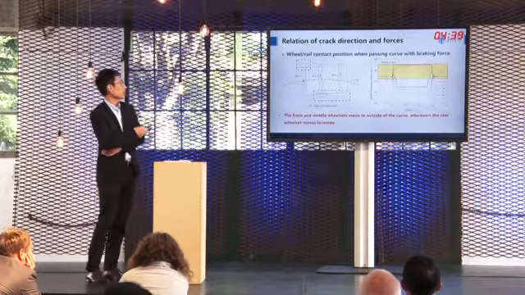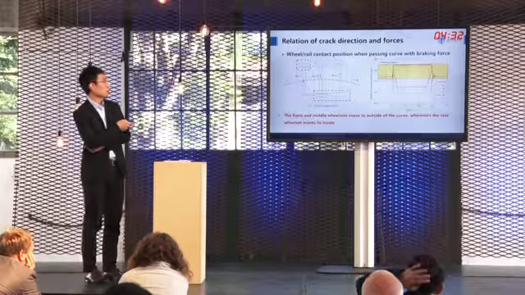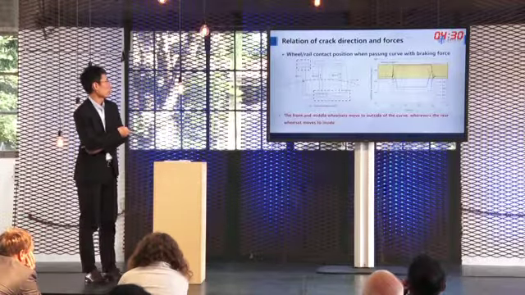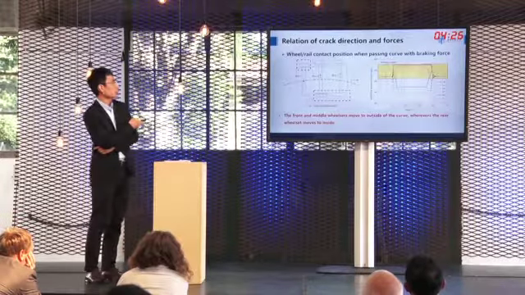The fourth part is the case study, giving some relationship between the crack direction and the creep force. We chose the case of the locomotive passing small curves with braking force. We can find that the front and middle wheel sets move outside the curve, and the rear wheel set moves inside the curve.